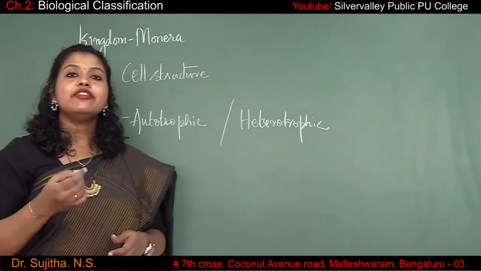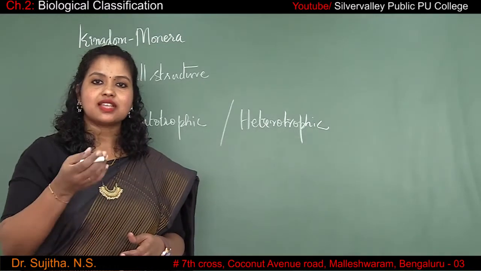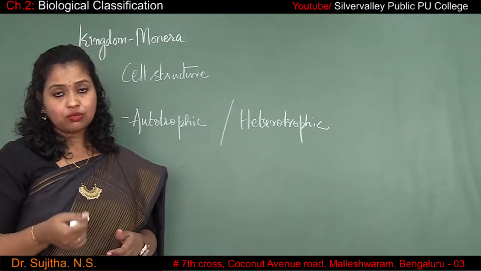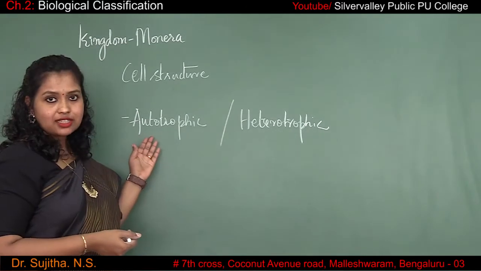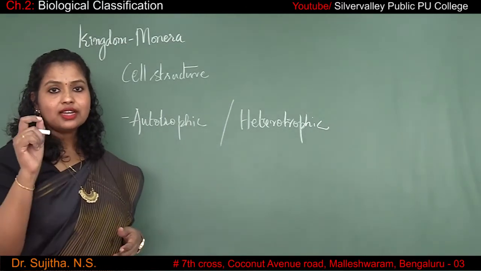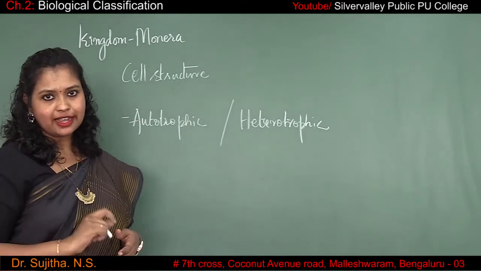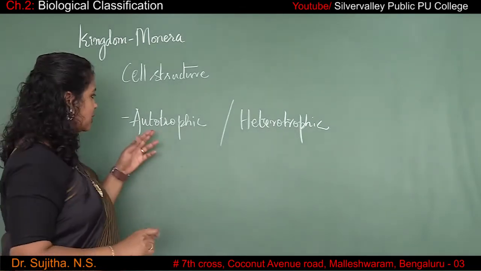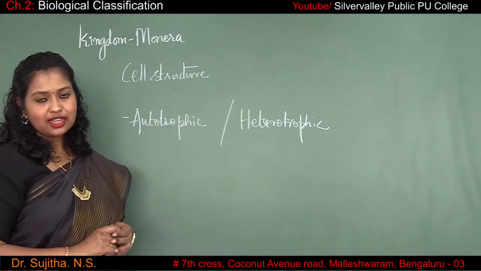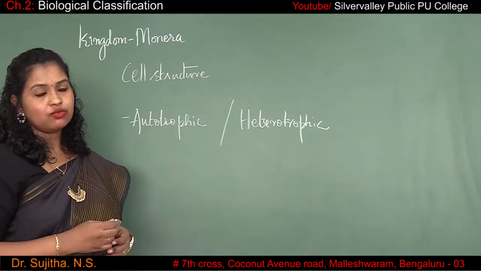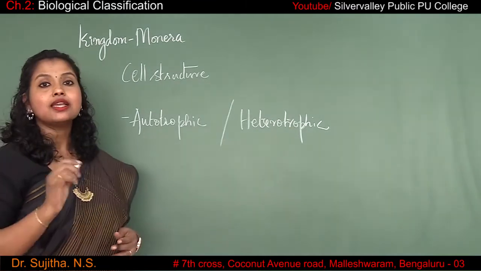Autotrophic means the living organisms are able to synthesize their own food. They synthesize their own food with the help of chlorophyll in the presence of sunlight. This is one category which comes under autotrophic.